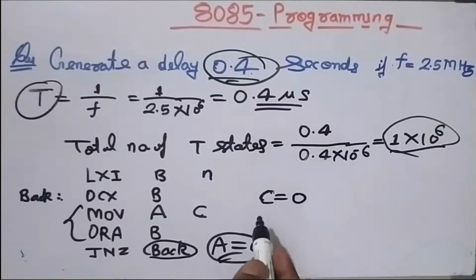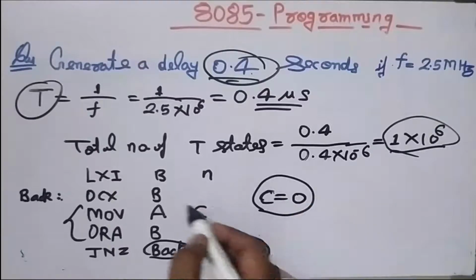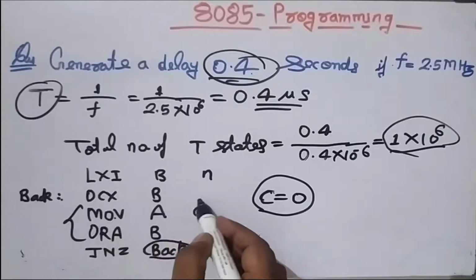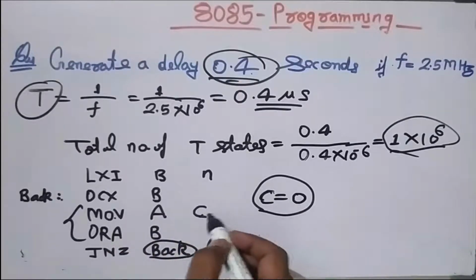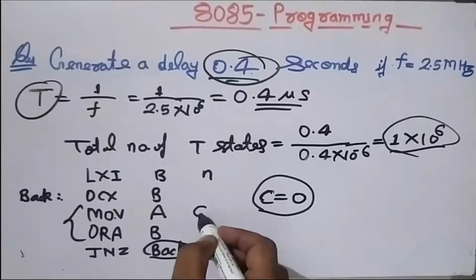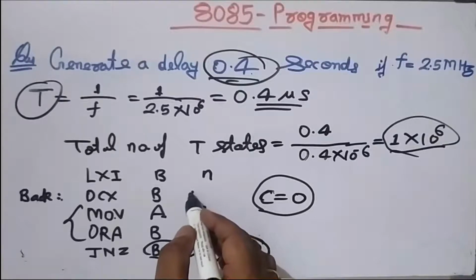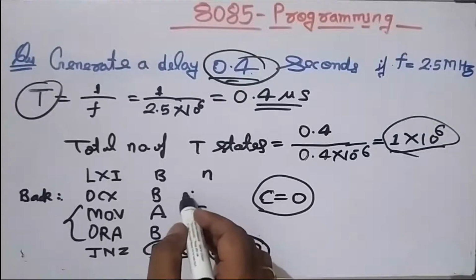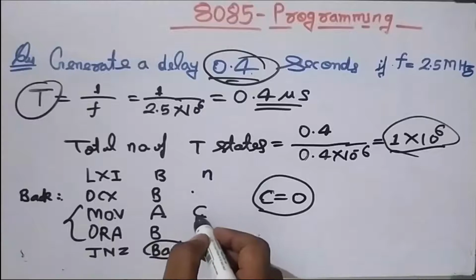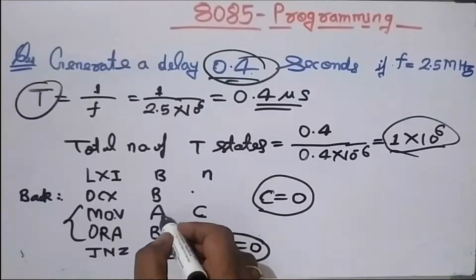For that, this instruction will transfer the contents of the C register to A continuously. After every decrementation, the data contained in C is copied to A.